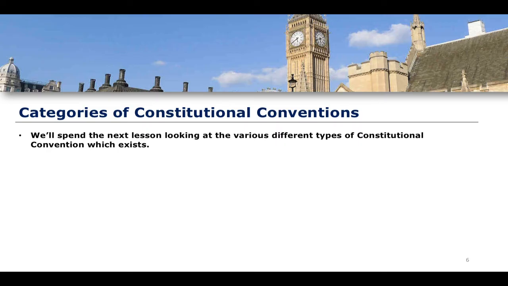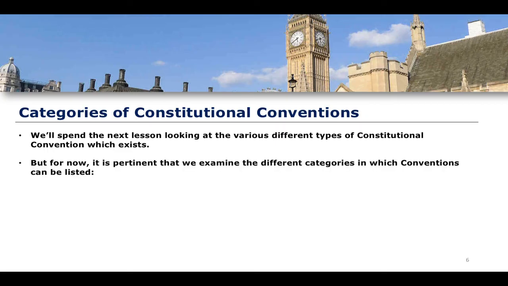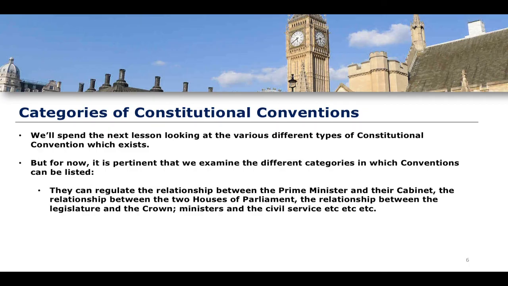We won't cover all of them because it is a non-exhaustive list, and we could be here for hours describing each of the conventions, but we'll explore some of the most important ones and some of the bigger ones that you may encounter throughout your studies of constitutional law. But for now, it should be noted that there are different categories that can be listed.